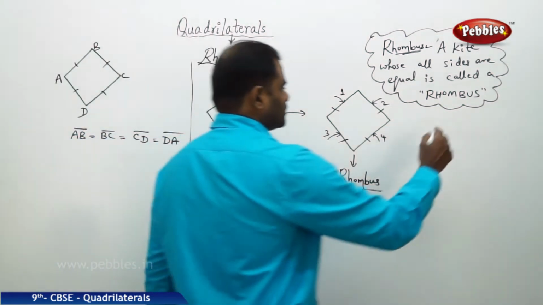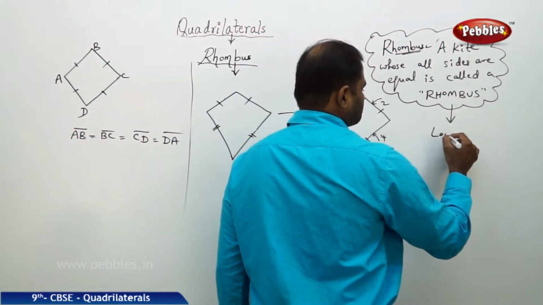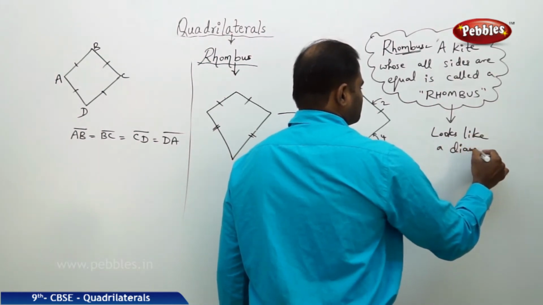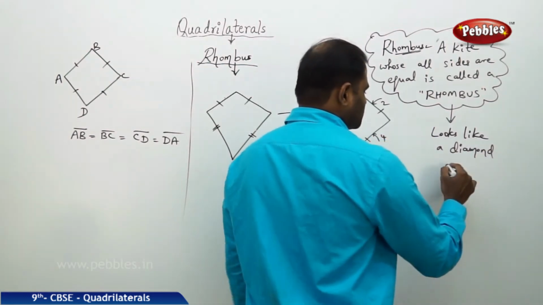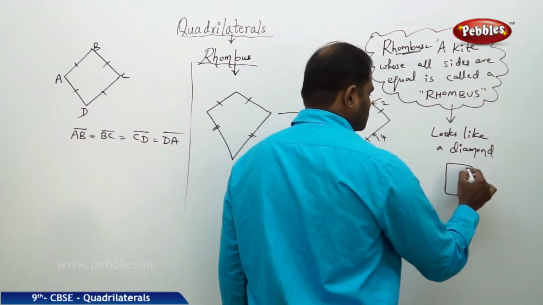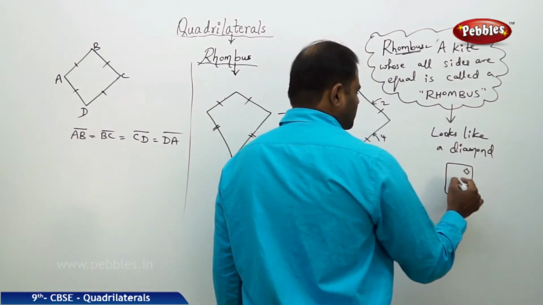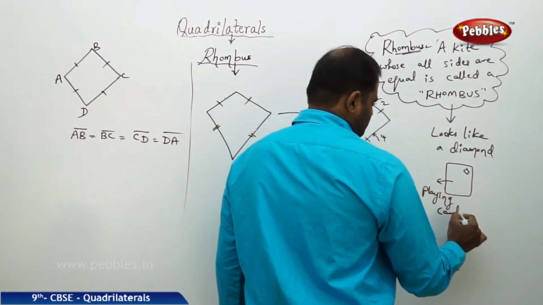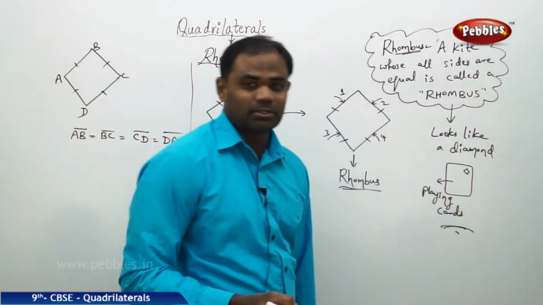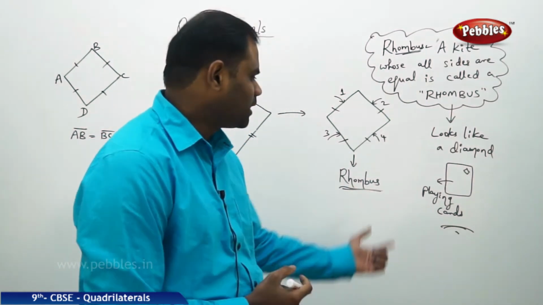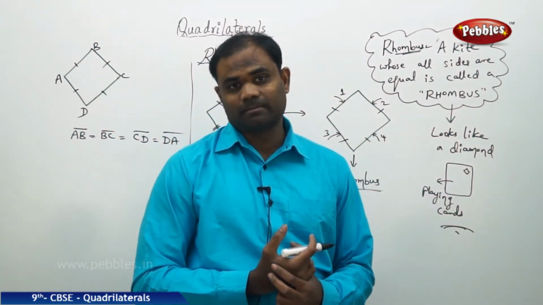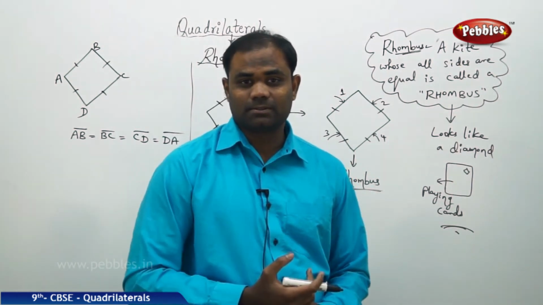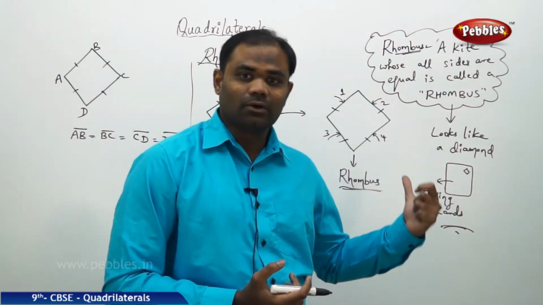It's a shape that looks like a diamond. A diamond in the playing cards is a rhombus. The diamond which you see in the playing cards is a rhombus. A kite whose all sides are equal is called a rhombus, is the learning outcome I make out here.